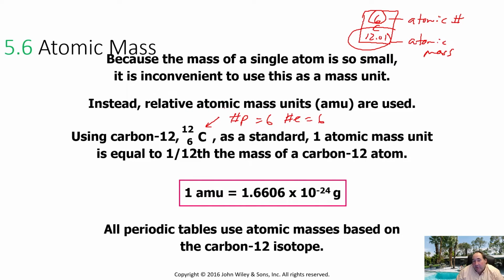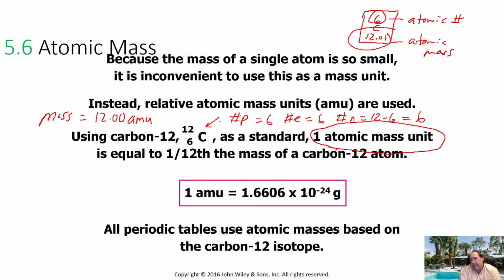And the mass number is 12, which means the number of neutrons should be 12 minus 6, which is 6. So it should have all of those subatomic particles. It also has a mass of exactly 12.00 AMU. AMU is an atomic mass unit.